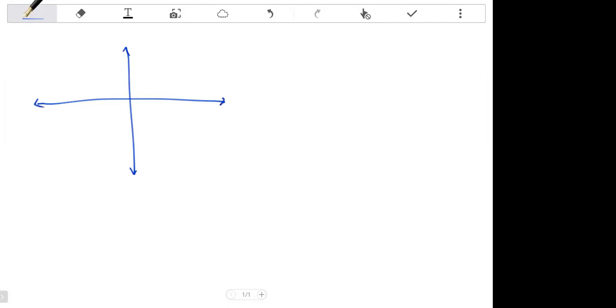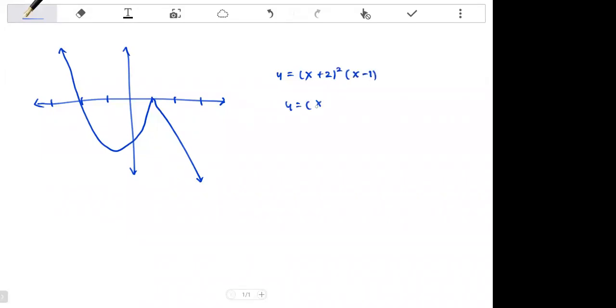I'm going to draw a quick graph. Let's say, okay, that's really badly drawn, but whatever.